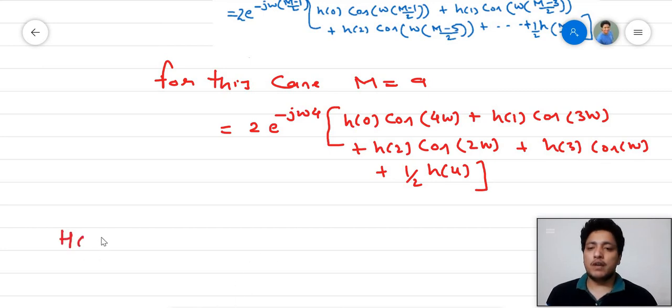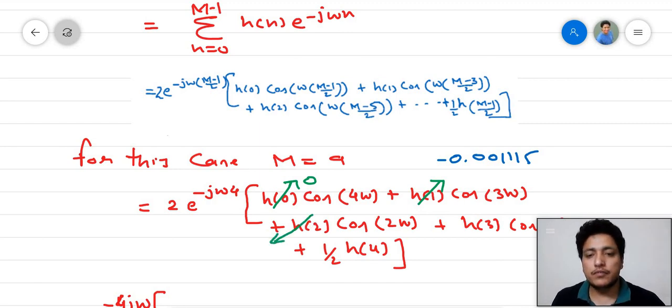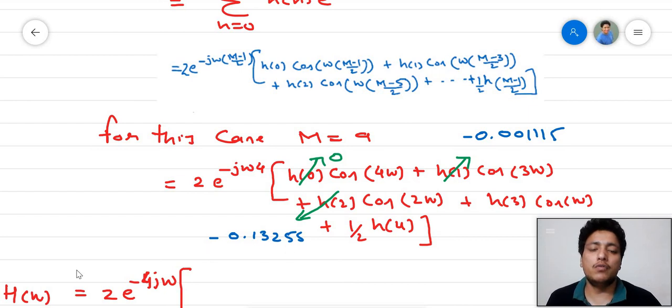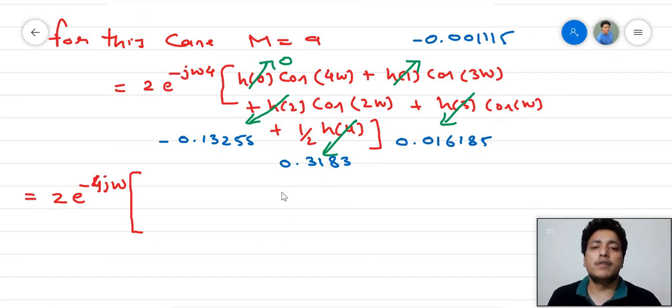Then H(omega) will be equal to 2 exponential minus 4j omega. h0 is equal to 0 for the triangular window, so this entire term goes to 0. h1 is equal to minus 0.00115, then h2 is minus 0.13255, h3 is 0.016185, then h4 is 0.3183.